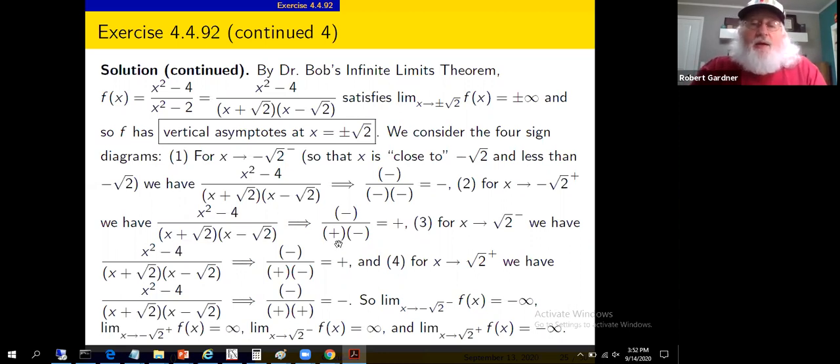Now we've got a positive and 2 negatives for a net result of a positive, and that one-sided limit as x approaches negative square root of 2 from the positive side is positive infinity. And a similar analysis gives the behavior at positive square root of 2 from the negative side and the positive side. So we get these two asymptotes behaving differently from the left and the right.